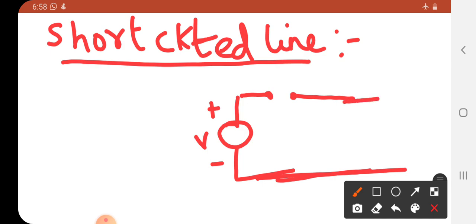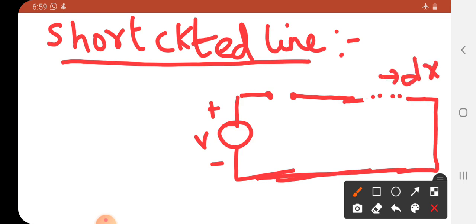Here also let me take a dx element at the receiving end. This is the short circuited receiving end, and switch S is closed.